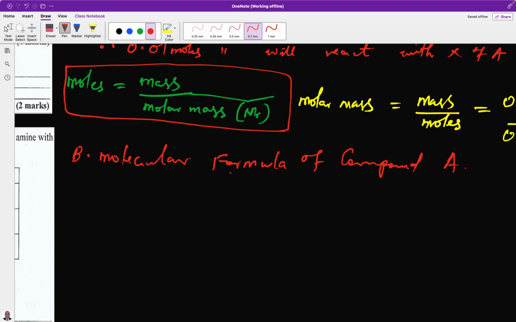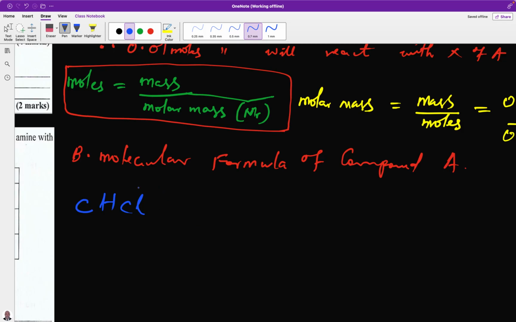So now, in order to calculate the molecular formula, we say the empirical formula is CHCl. The full molecular formula is supposed to have the molecular mass.